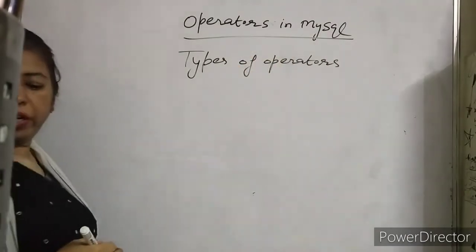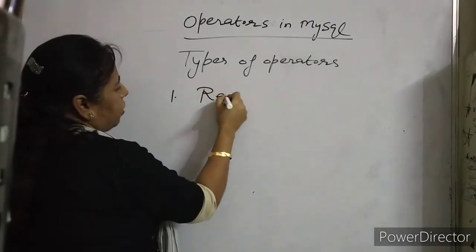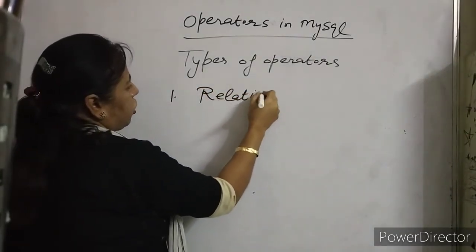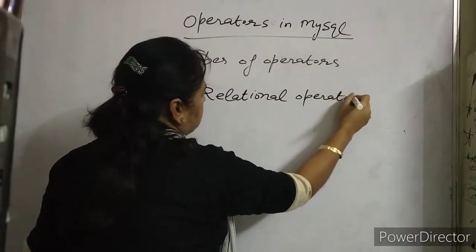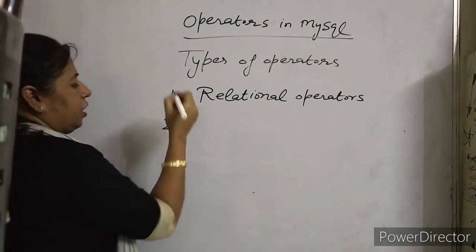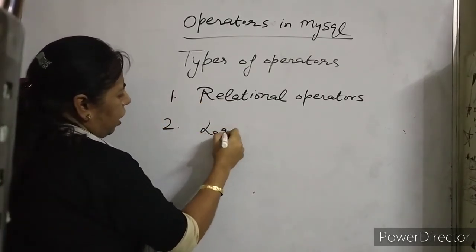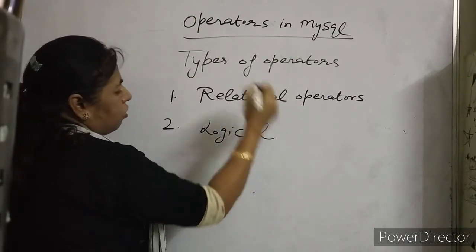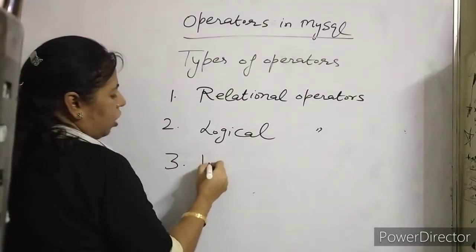First category I am telling you is relational operators. Clear? Second category, first I will give you the names, then I will go to detail: logical operators. Clear? Third is word operators.